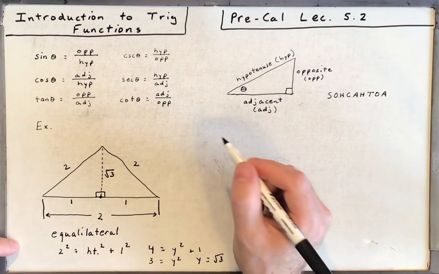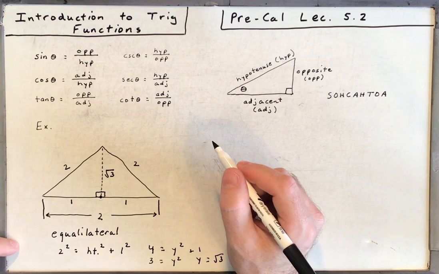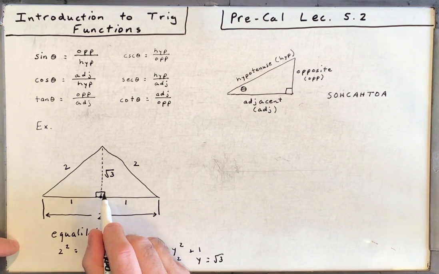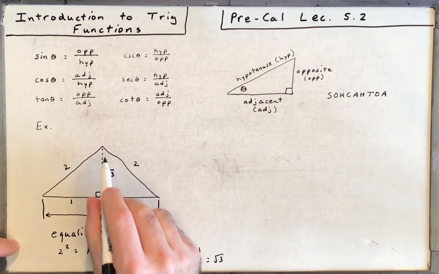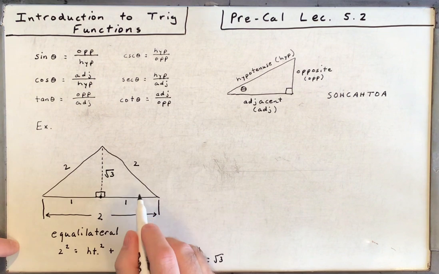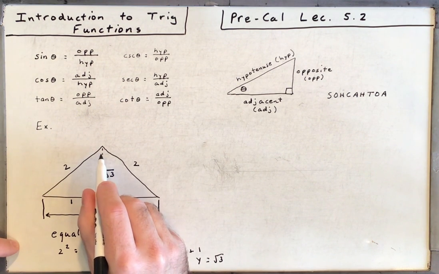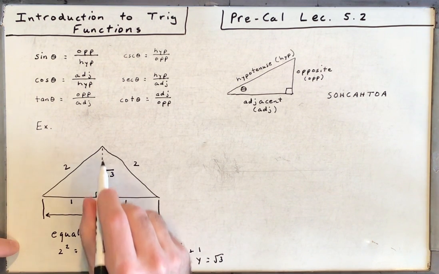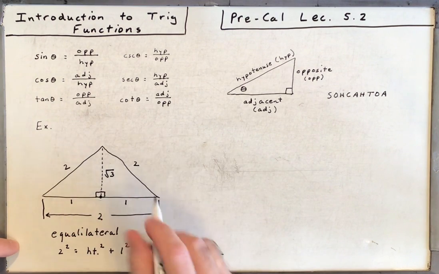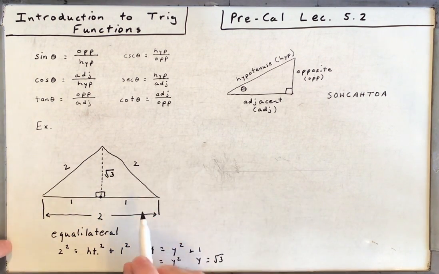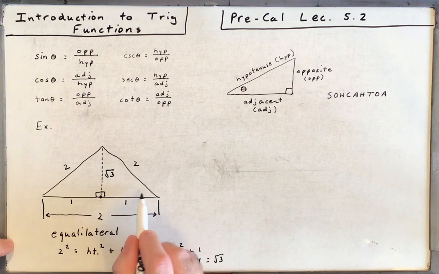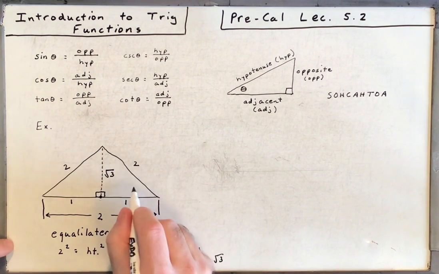First, we need to get the angles. We know that's 90 degrees right there. For this equilateral triangle, all the angles are the same. If we got rid of that dashed line, I'm talking about the big triangle, they're all 60 degrees, right? A triangle has to add up to 180 degrees for the sum of all the angles.